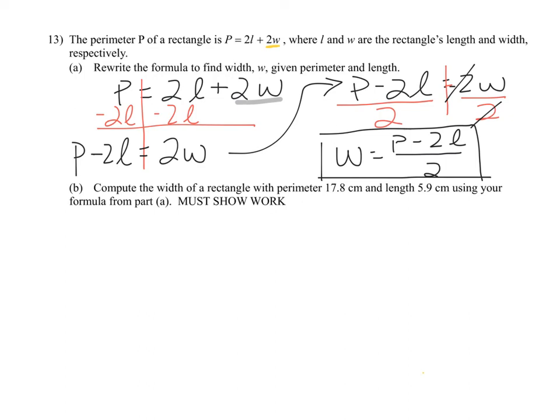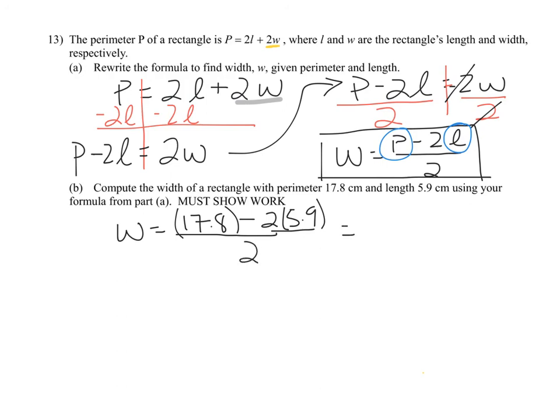So we're going to compute the width equals, the perimeter is 17.8, so we're substituting that for the P, minus 2, that's the 2 that's already in the problem, times L, it says the length is 5.9, and then that's all going to be over 2. So W equals 17.8 minus 2 times 5.9.